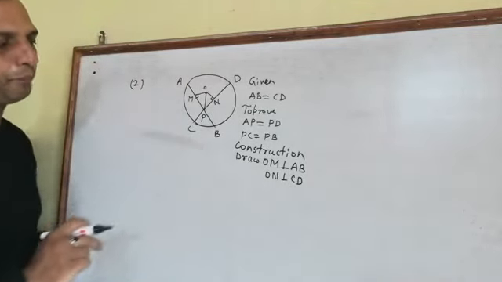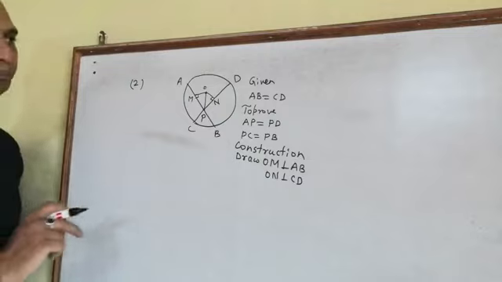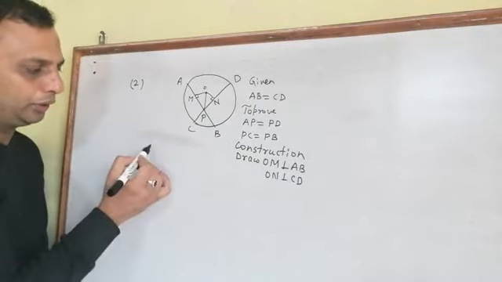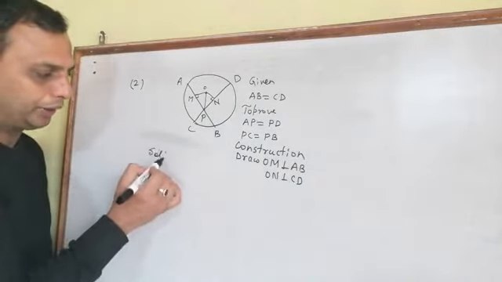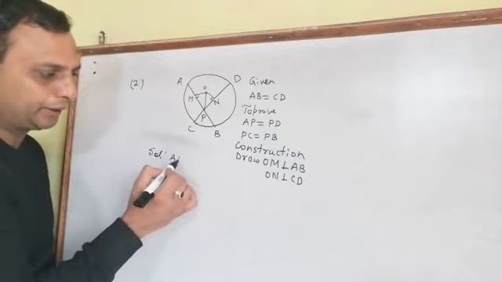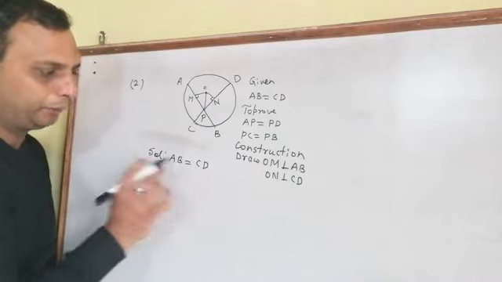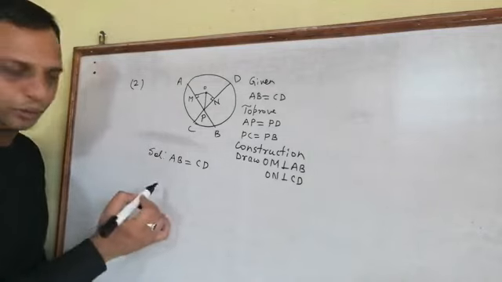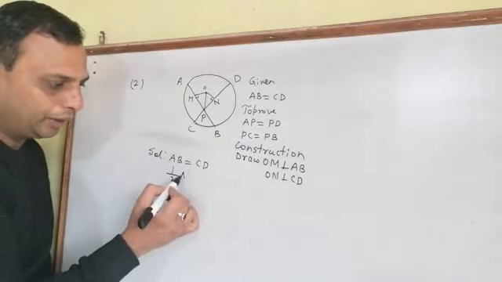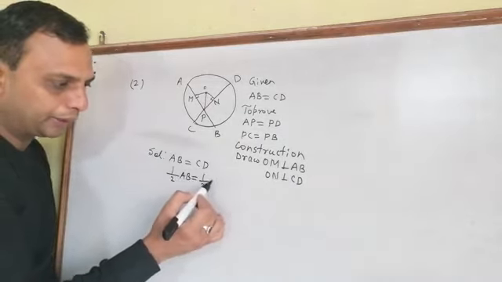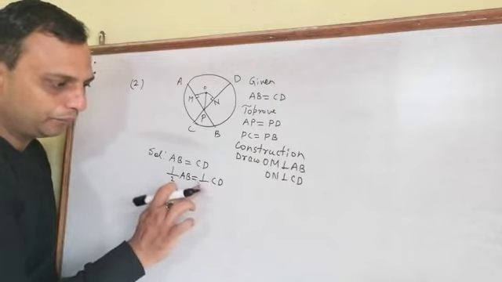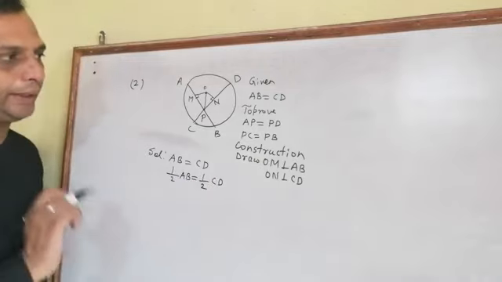Now we have two chords equal. So in the solution part, we can see that AB is equal to CD. It's mentioned in the question. Two chords are equal, so half AB will be equal to half CD.